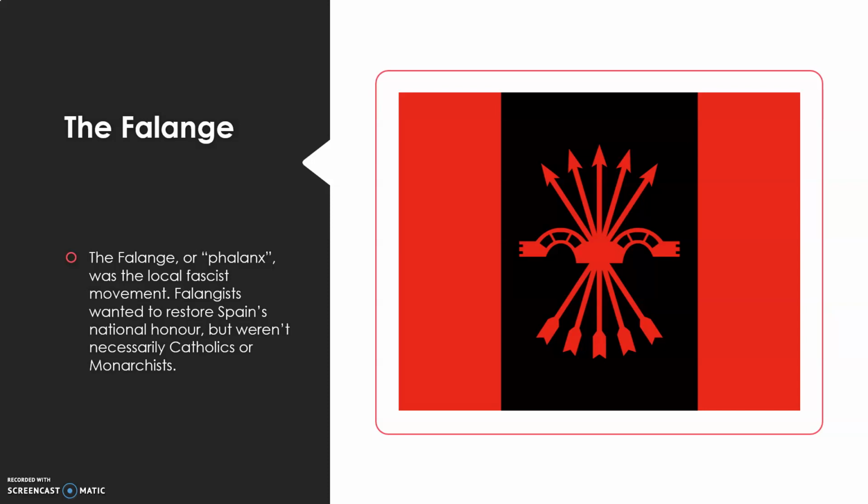And so the fascists, or the Phalangists in Spain, aligned themselves loosely with the Catholics and monarchists, but many of these fascists were quite radical in the sorts of changes they wanted to make to Spanish society. And so they weren't necessarily convinced Catholics or monarchists themselves, although quite often they were.